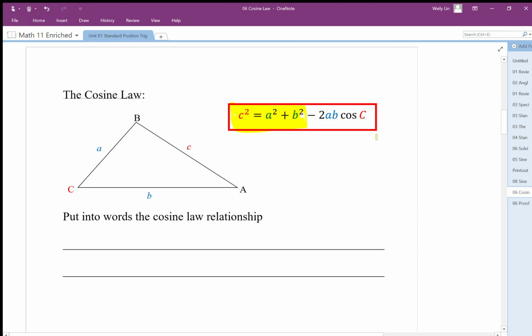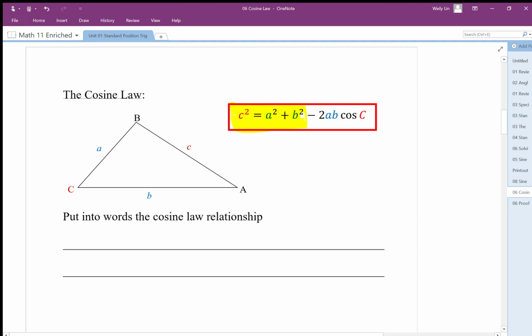However, if the angle is less than 90 degrees, I'm going to subtract some amount and shorten side C. If the angle is greater than 90 degrees, the cosine is negative, so I'm going to subtract a negative and lengthen it, because I'm going to end up making C squared bigger, which makes the C side longer.